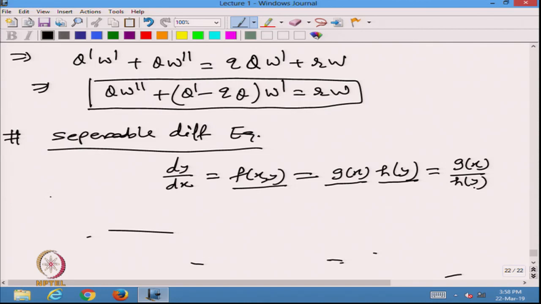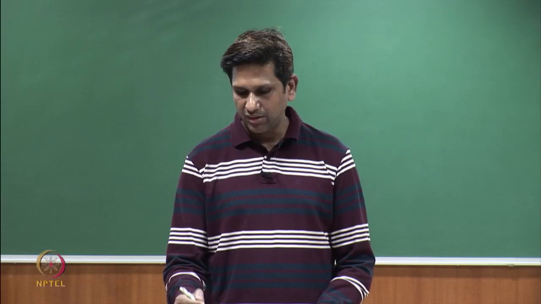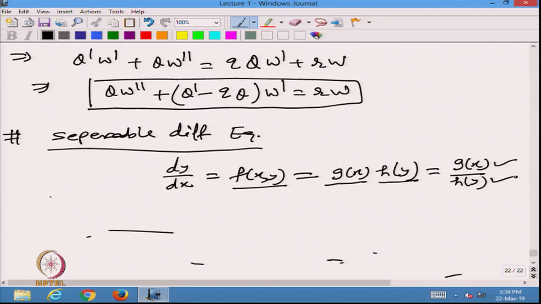In this case I am able to separate the function into a function of x and a function of y. I am not saying that f(x, y) is a linear function; it can be linear and it can be nonlinear.